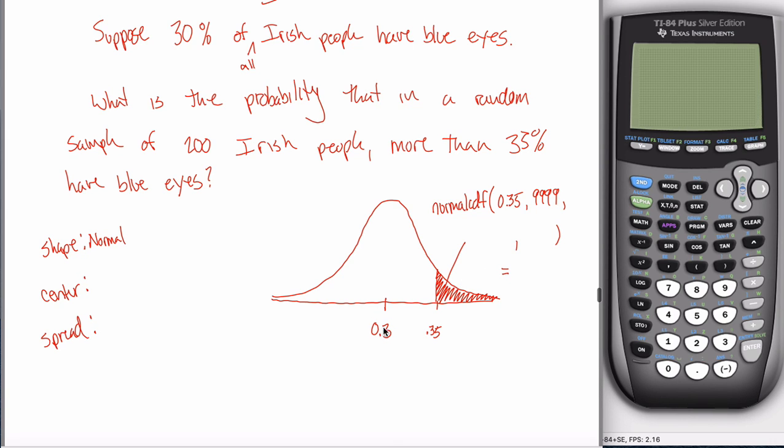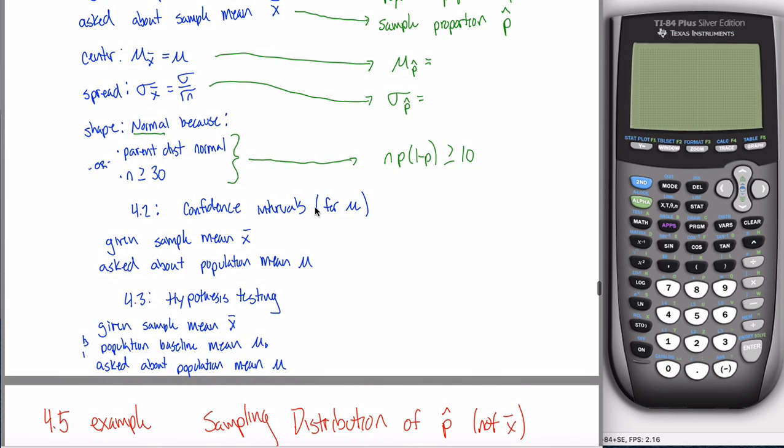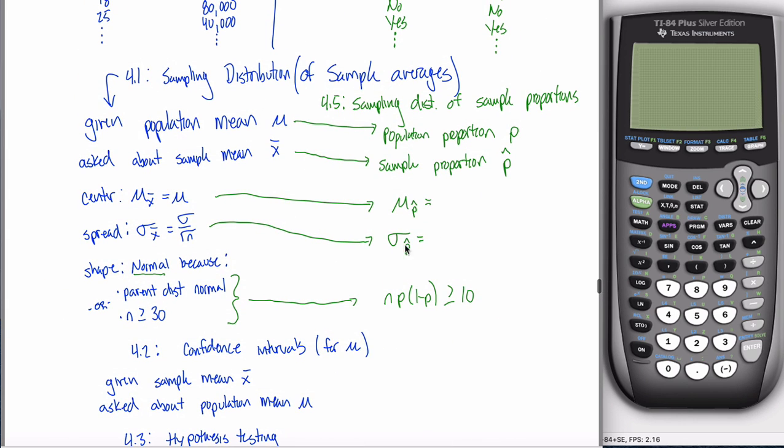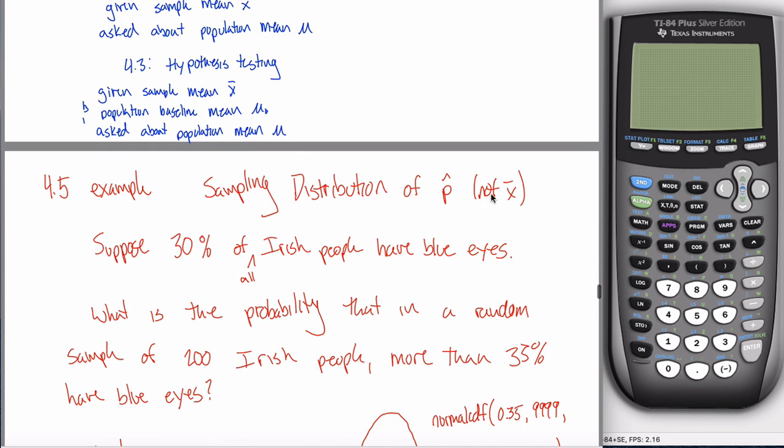Well, I've already labeled the center. We know it's 30%, but maybe that deserves a little bit of talking before I just put that in here. The center and the spread of the sampling distribution of sample proportions is this symbol and this symbol, right? They're the things that used to be mu sub x bar and sigma sub x bar, but it doesn't make sense to call it mu sub x bar because it's not the sampling distribution of x bar, it's the sampling distribution of p hat.